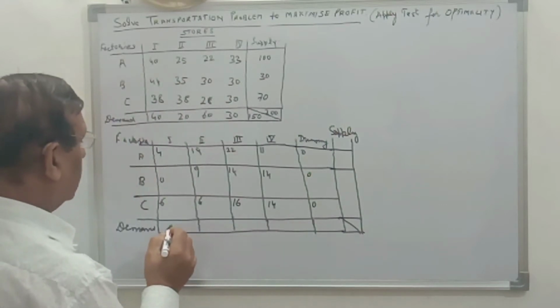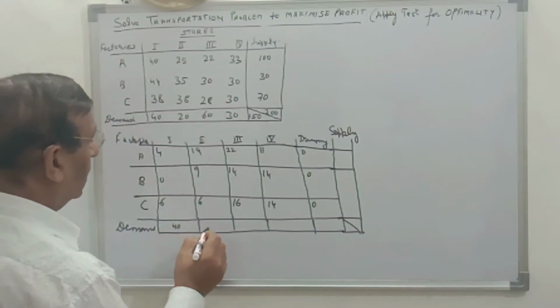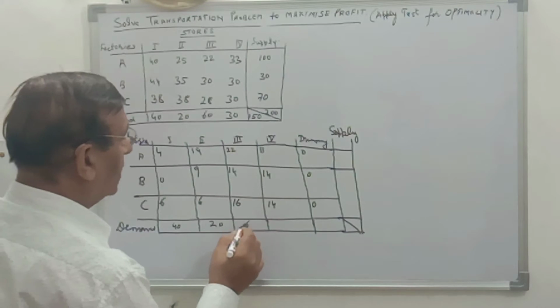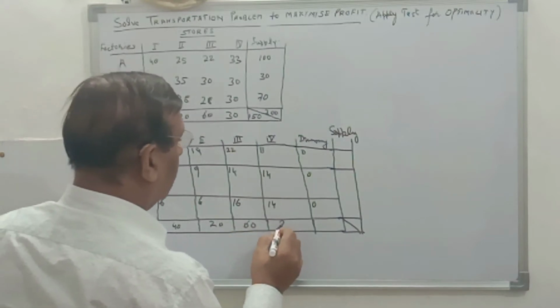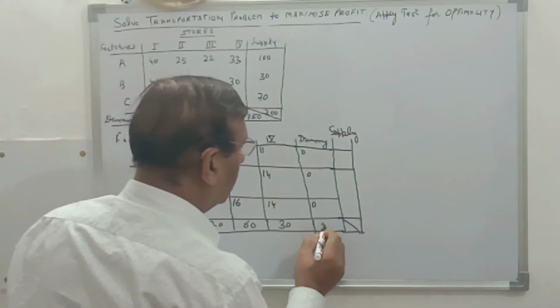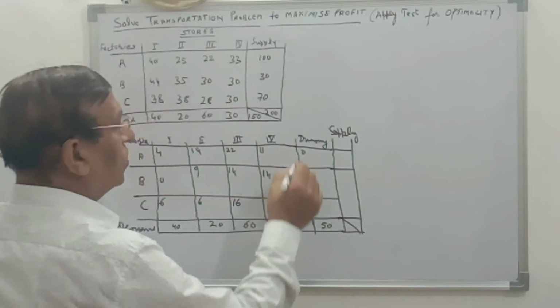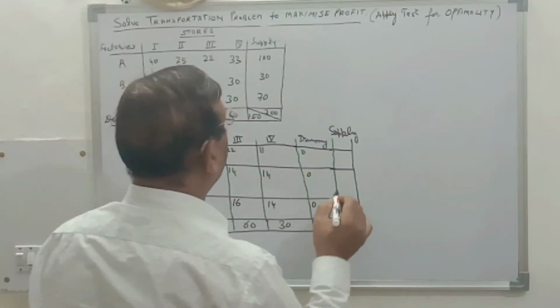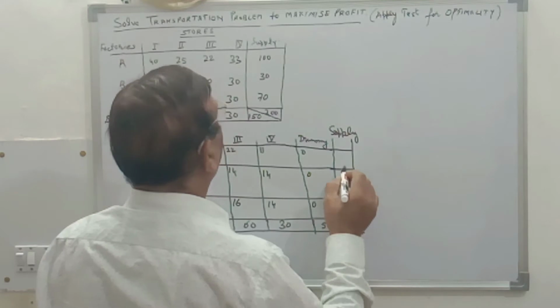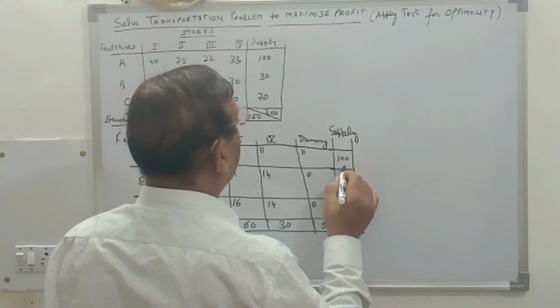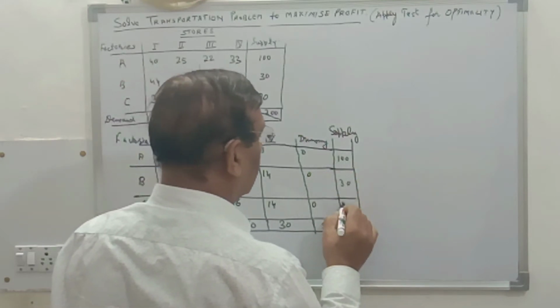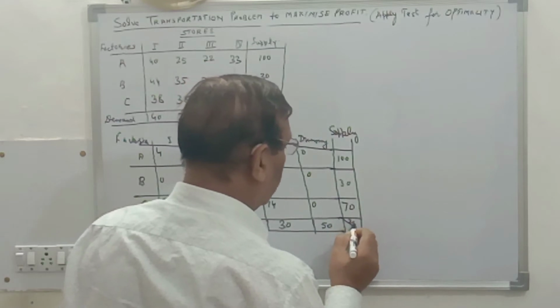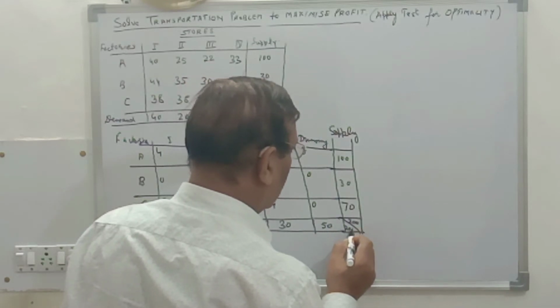Now the demand is 40, 20, 60, 30 and we require 50 more units. So we have created 50 more demand, dummy demand, and supply is 100, 30, 70. So it makes 200.